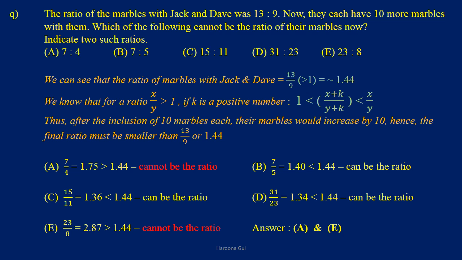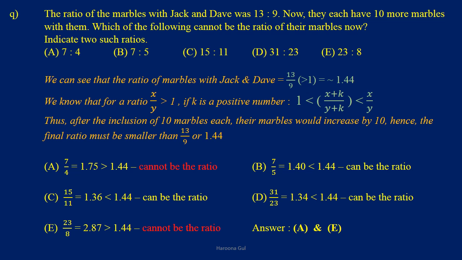Therefore, after the inclusion of 10 marbles each, the marbles of Jack and Dave would increase by 10. Hence, the final ratio must be smaller than 13/9 or 1.44.